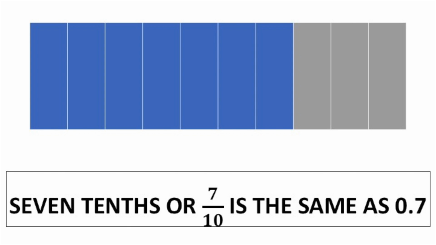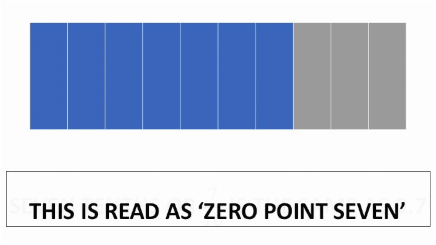Excellent. We have 0.7. Now notice how the fraction is always using the denominator 10, because that's how many parts of the whole we have. All that's changing is the number of shaded parts.